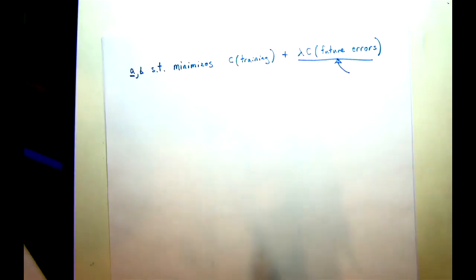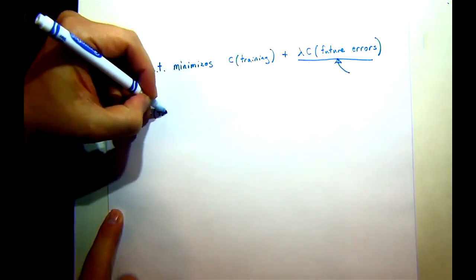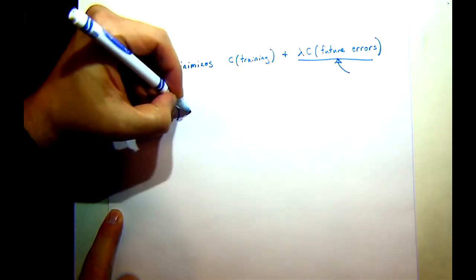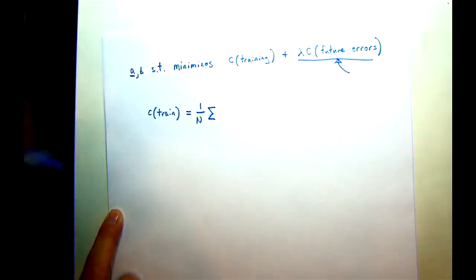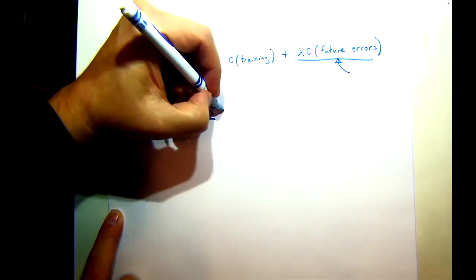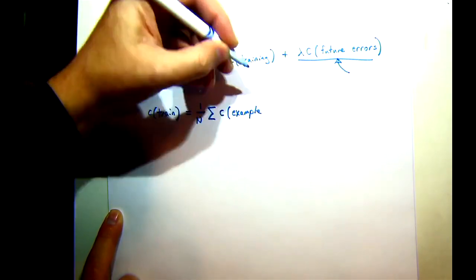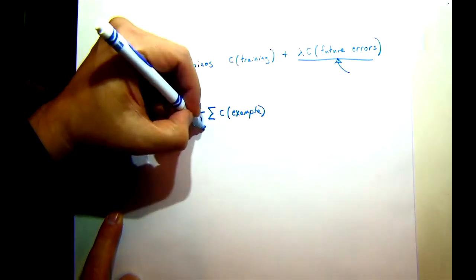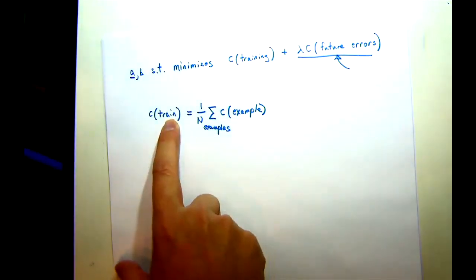This is going to be some cost that is associated with the actual training set. The cost of the training errors is just going to be an average over the cost of individual examples, for all the examples. So that one's really easy.